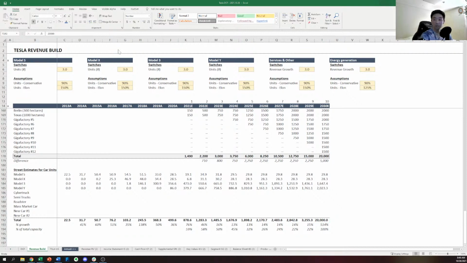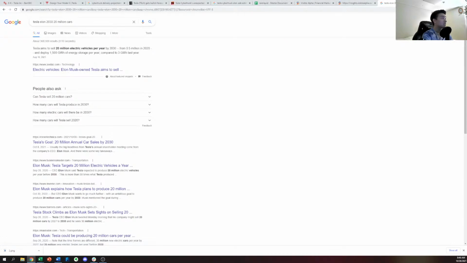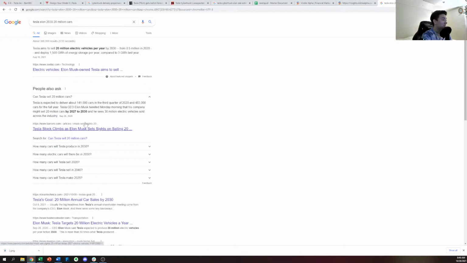Did Elon want to deliver 20 million cars, or did he say, I think that's what he said, sell 20 million electric vehicles by 2030? Man, that's just so many cars. Or maybe it's not per year?